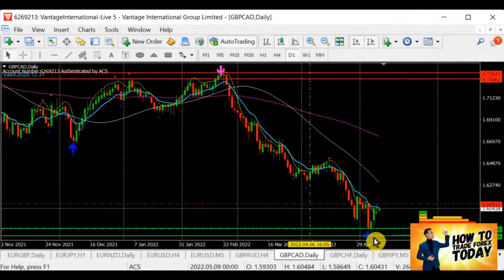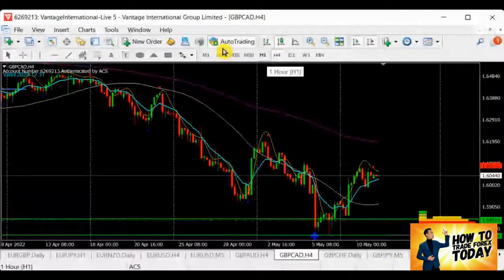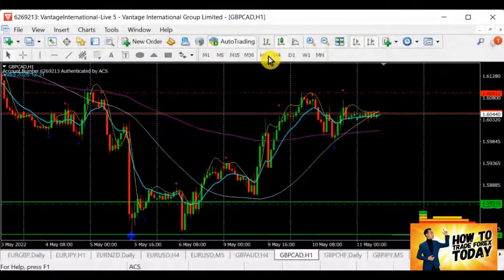Just bear a while for about 40 pips. If we test the resistance, then we will have a chance to sell. Over here on AUDCAD, I'm going to give this a miss since it's still quite a big space away. So I'm not going to touch AUDCAD as well.